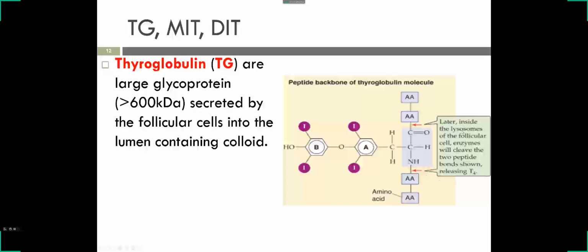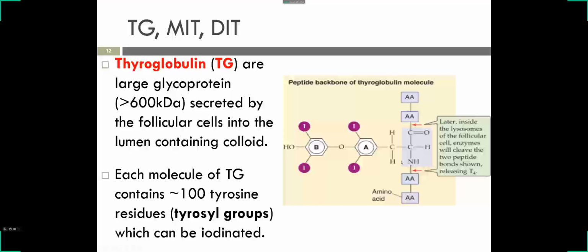And later, inside the lysosomes of the follicular cell, enzymes will cleave the two peptide bonds, releasing T4. Each molecule of thyroglobulin contains over 100 tyrosine residues, which can be iodinated. So this is the backbone here of thyroglobulin. It has over 100 of these, which can then be iodinated.